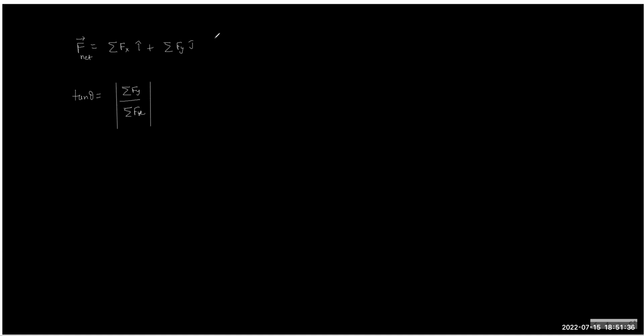Let's say numerically if this turns out to be plus and this plus, the answer must be in the first quadrant. But what if this is minus, this is plus? Which quadrant, guys? Second. So I will draw my F vector like this.